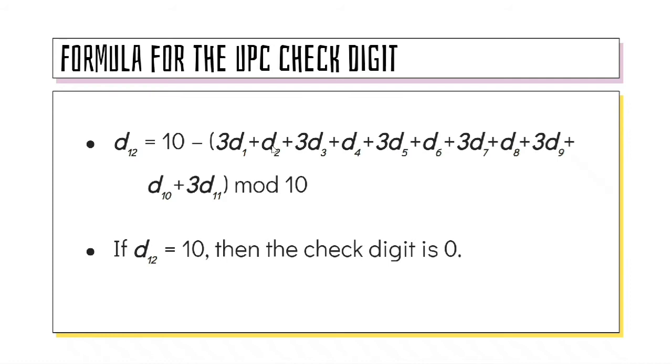Okay, it is quite the opposite of the ISBN, where the odd digits are as is and the even digits are multiplied by 3. I hope you were able to follow me, class. If D sub 12 equals 10, then the check digit is 0.